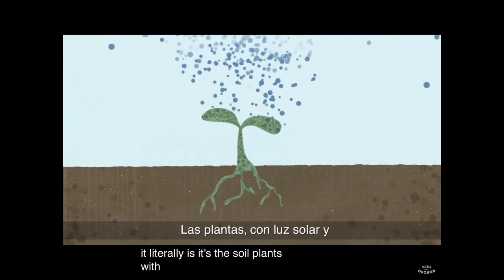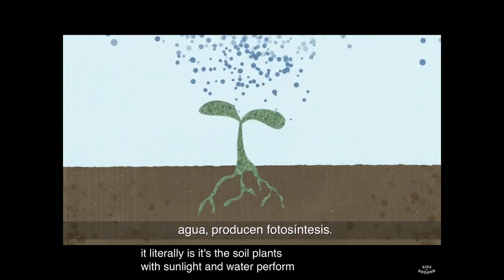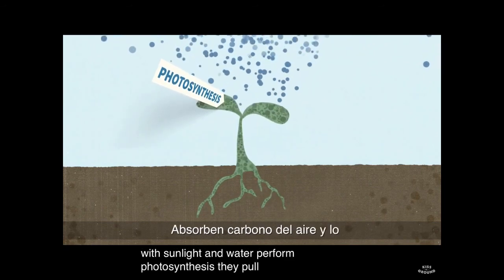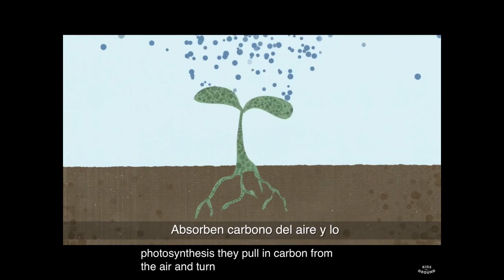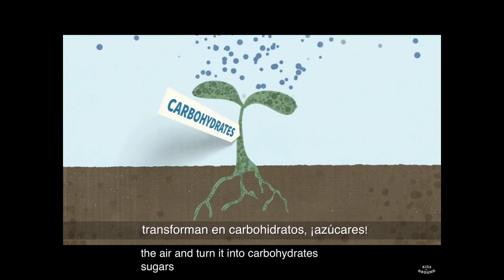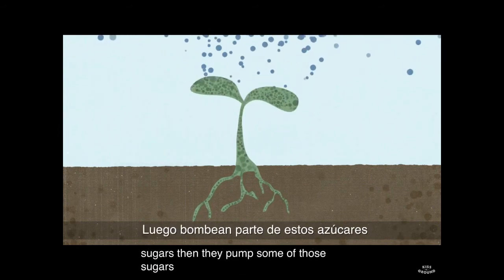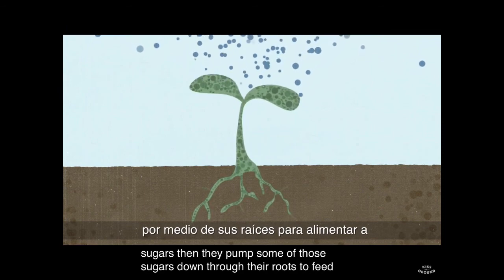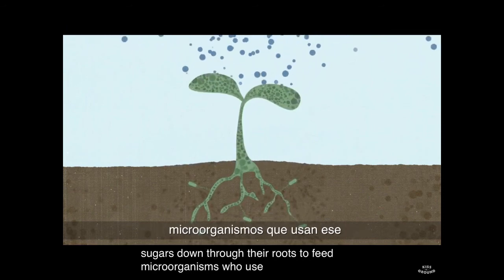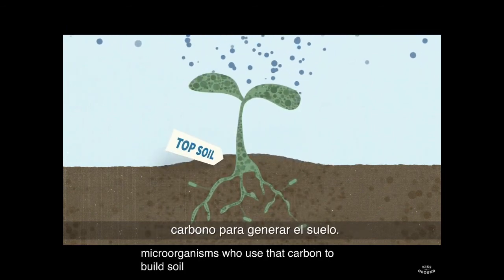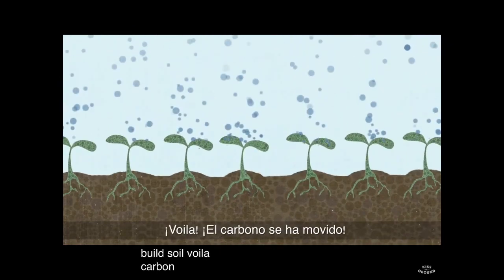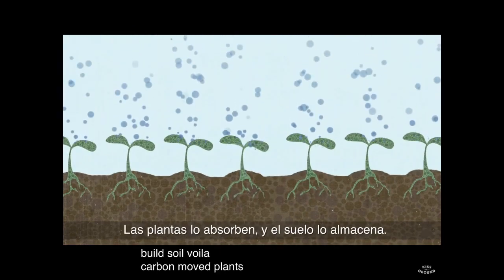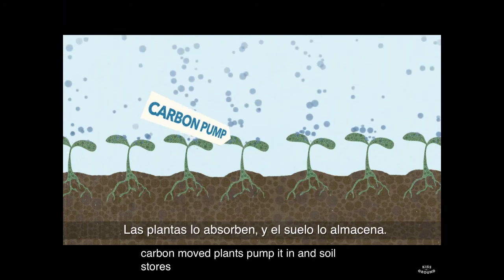Plants, with sunlight and water, perform photosynthesis. They pull in carbon from the air and turn it into carbohydrates, sugars. Then they pump some of those sugars down through their roots to feed microorganisms who use that carbon to build soil. Voila, carbon moved. Plants pump it in and soil stores it.